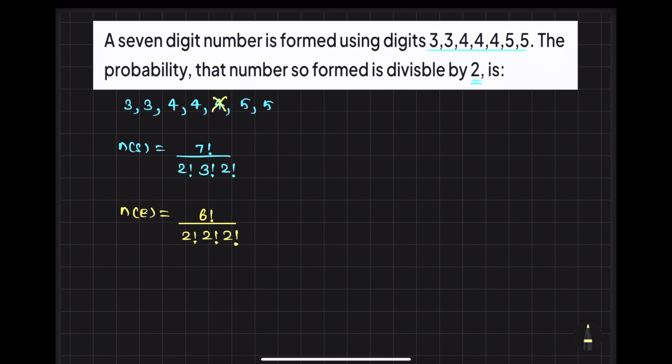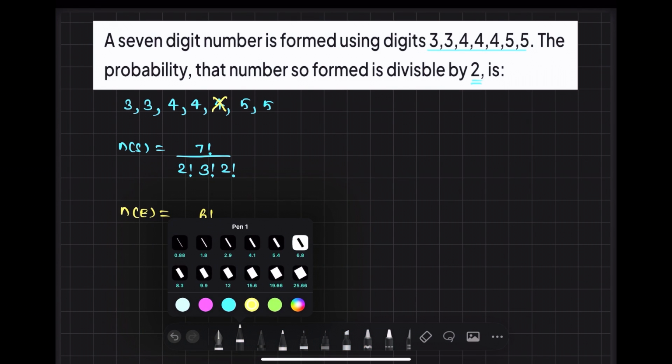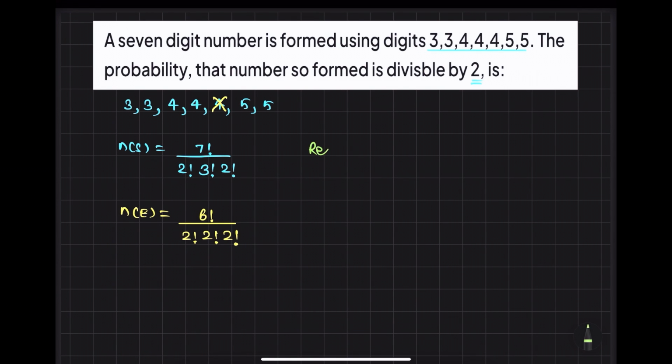Now can I say that the required probability would be 6 factorial by 2 factorial, 2 factorial, 2 factorial, divided by the total number of outcomes, 7 factorial by 2 factorial, 3 factorial, 2 factorial.